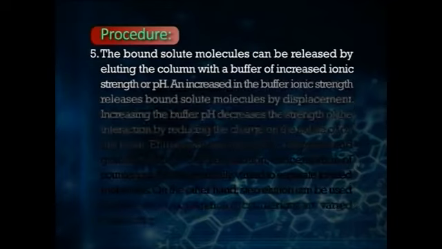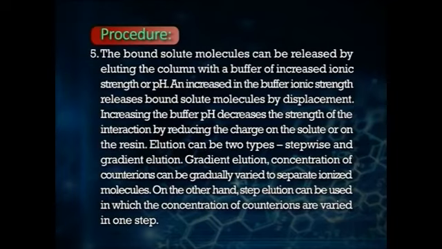Fifth, the bound solute molecule can be released by eluting the column with a buffer of increased ionic strength or pH. An increase in the buffer ionic strength releases the bound solute molecules by displacement. Increasing the buffer pH decreases the strength of the interaction by reducing the charge on the solute or on the resin.